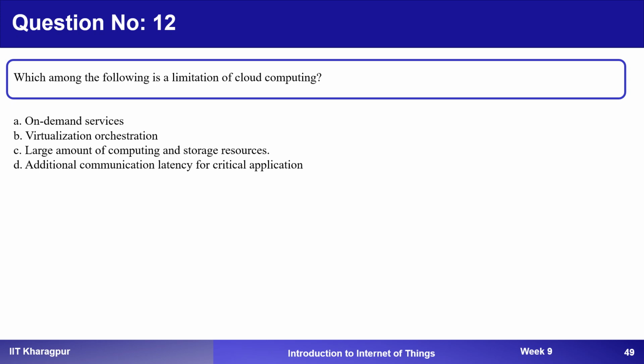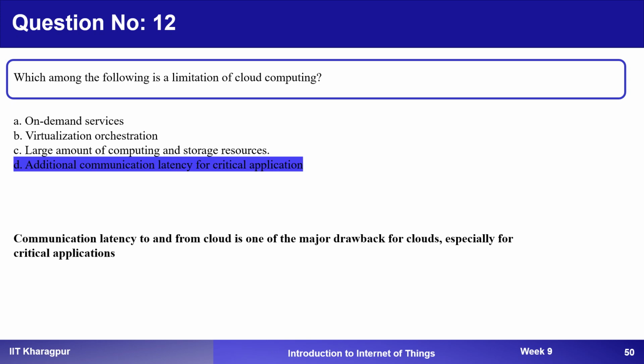Option D. So the correct option for this is D. In case of cloud computing, additional communication latency is there, which is not suitable for your critical applications.